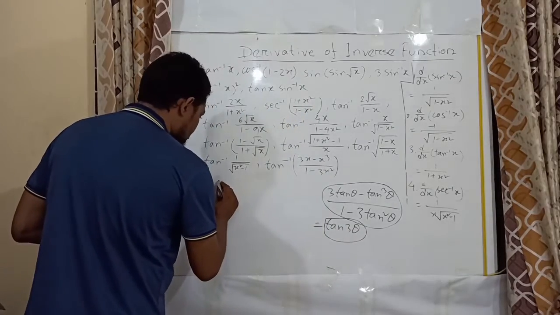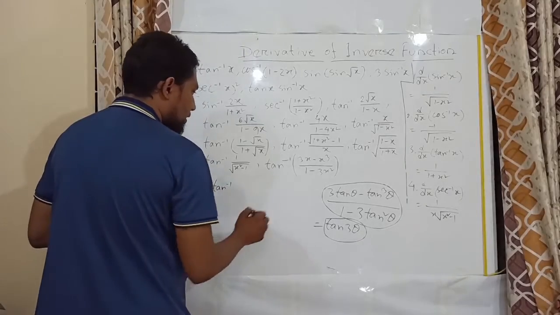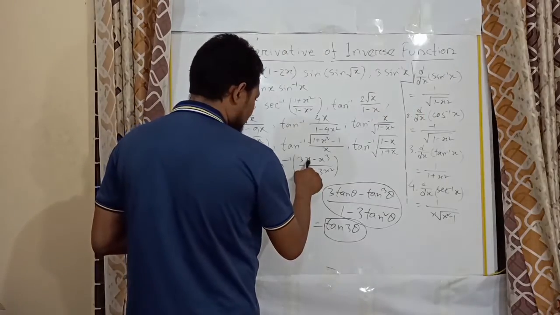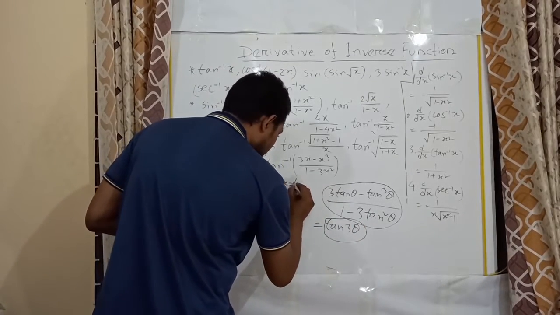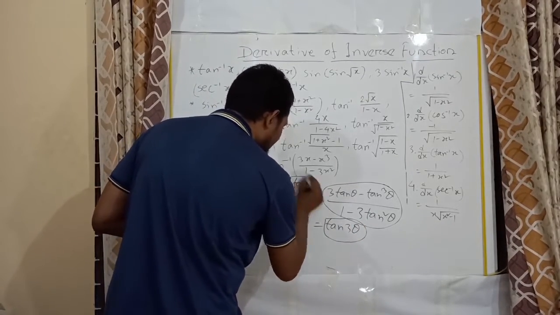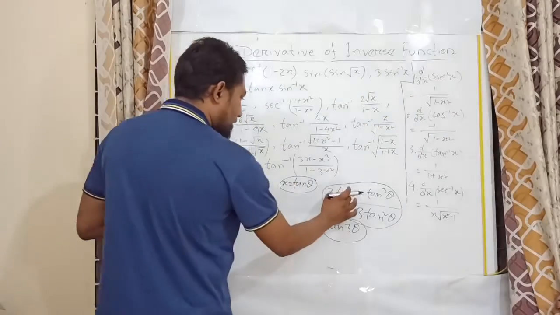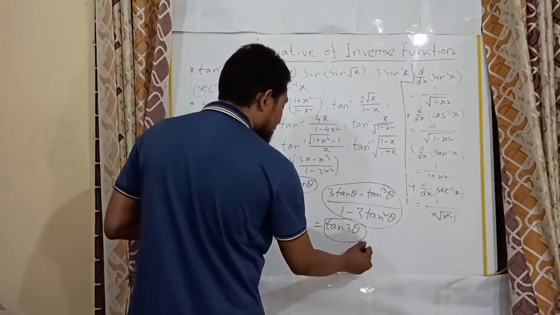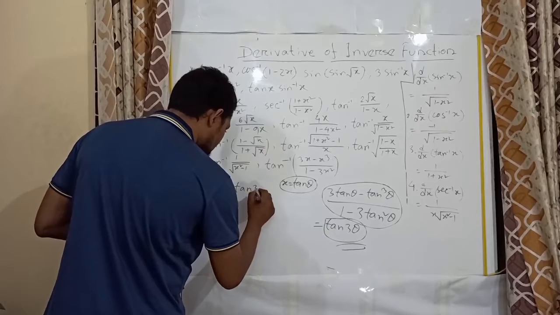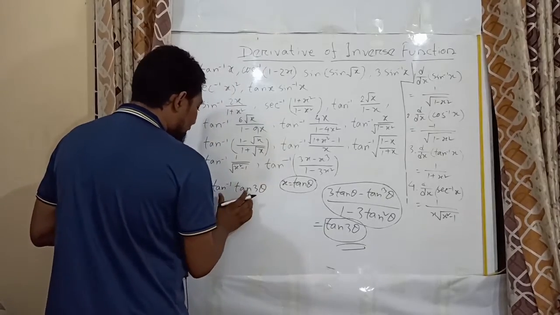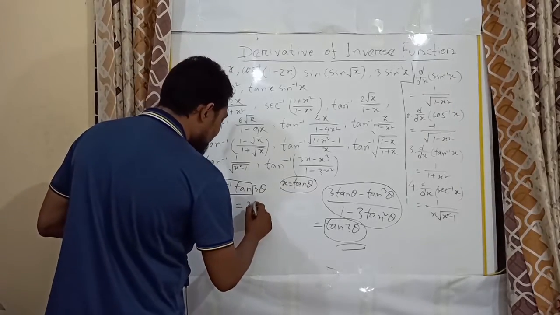So our function will be like this: tan inverse of (3 tan theta minus tan cube theta) by (1 minus 3 tan square theta), so we can write tan inverse of tan 3 theta. So the tan inverse and tan will be cancelled and we will get 3 theta.